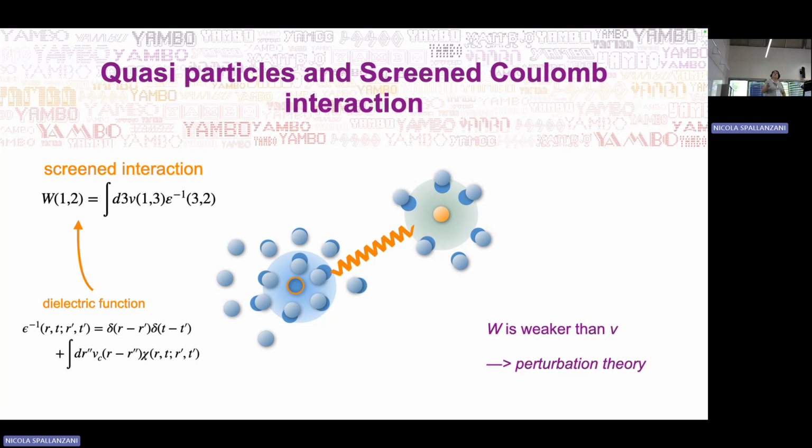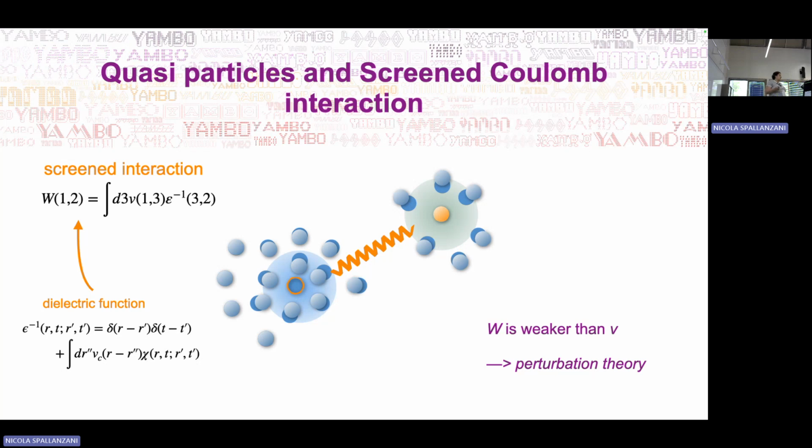So these are the two main ingredients of the GW approximation: quasi-particles and the screening. Let's say the Green function of the quasi-particles that gives the G of the GW, and then the screened Coulomb interaction that is this W.